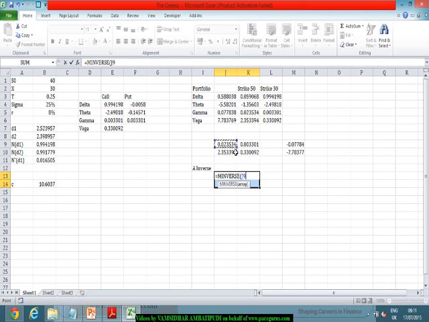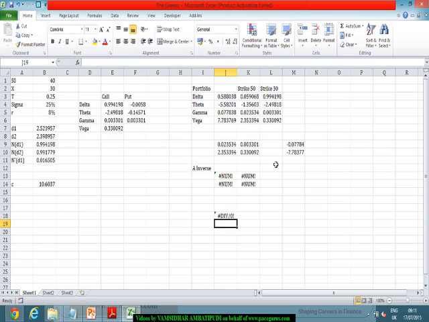Matrix inverse. Okay, here it is coming out to be very small.